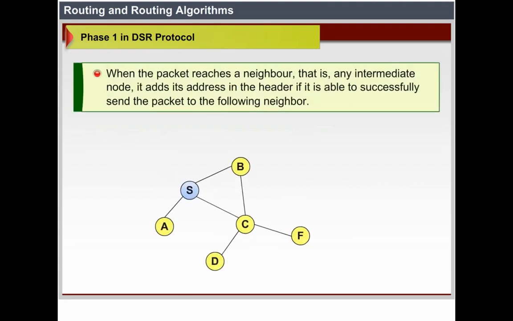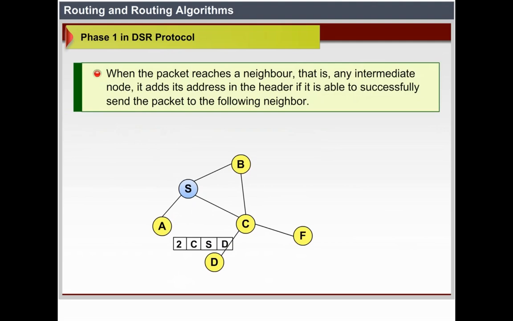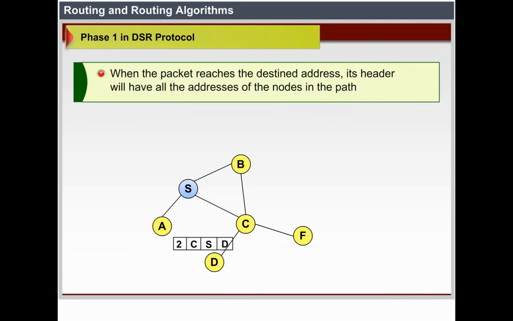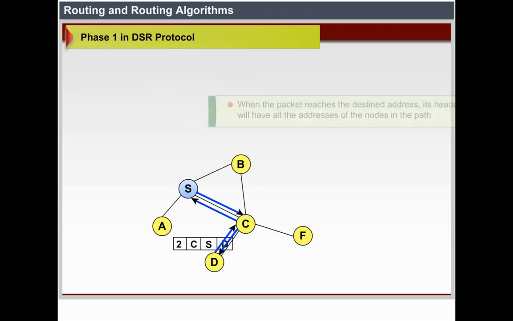When the packet reaches a neighbor, that is, any intermediate node, the node adds its own address in the header if it is able to successfully send the packet to its next neighbor. When the packet reaches the destined address, its header therefore has all addresses of the nodes in the path.